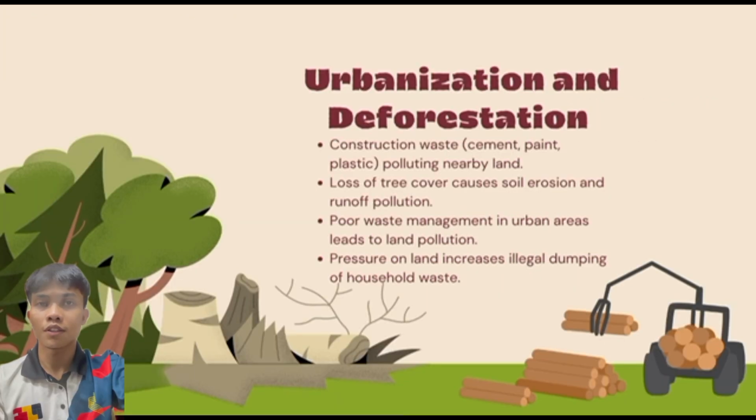The third one is urbanization and deforestation: construction waste, cement, paint, plastic polluting nearby land, loss of tree cover causes soil erosion and runoff pollution, poor waste management in urban areas leads to land pollution, pressure on land increases illegal dumping of household waste.